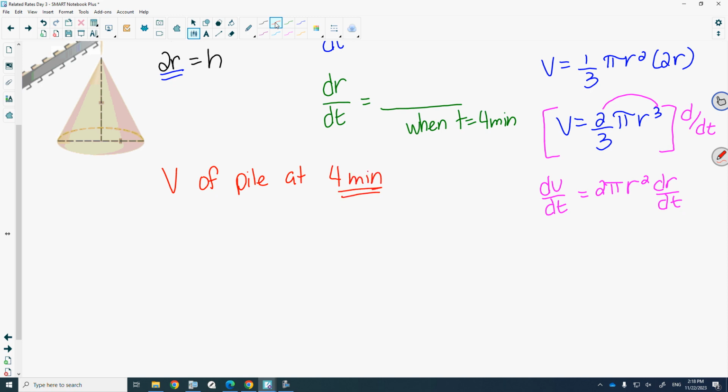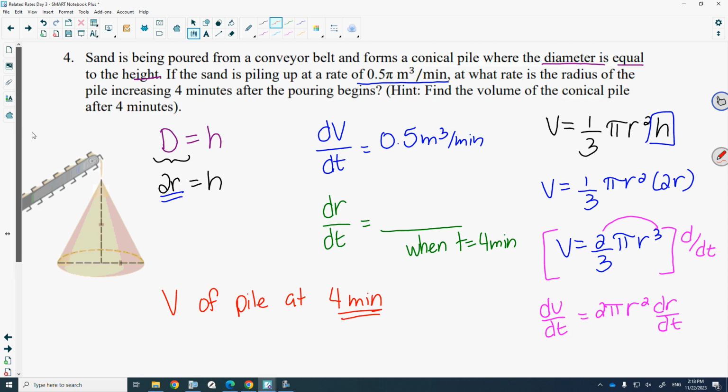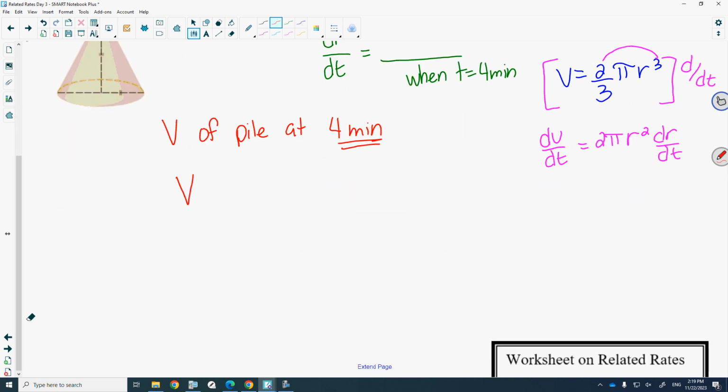Somehow we're going to figure something out, and what we're missing is the radius. So the rate at which this pile is increasing is 0.5 pi meters cubed per minute. That's how much sand is being poured, 0.5 pi meters cubed every minute.